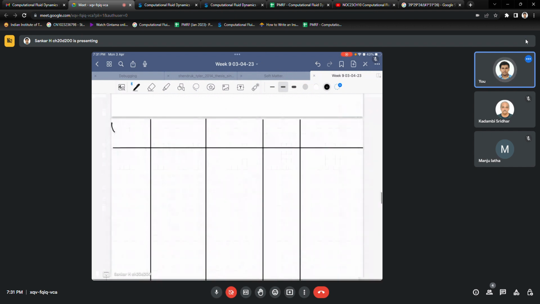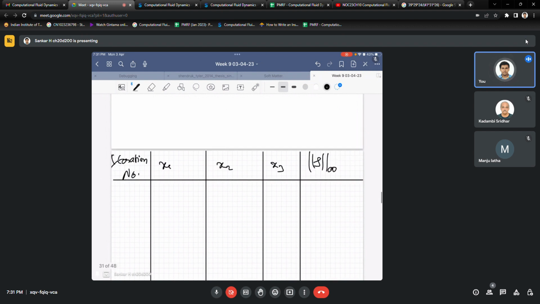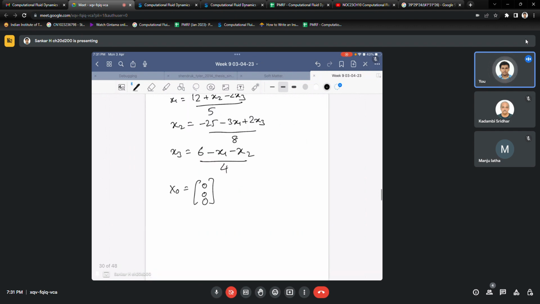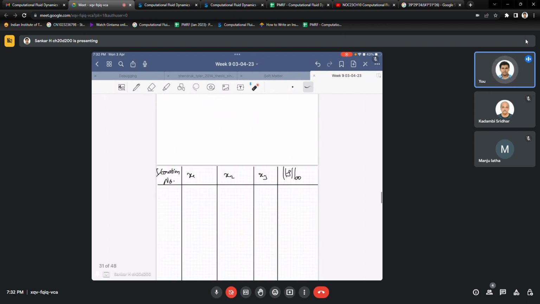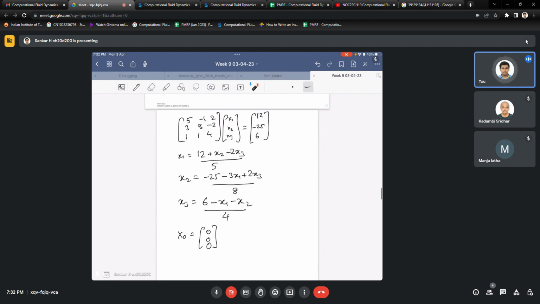Let me write this table over here: iteration number, x1, x2, x3. Let's take the infinite norm of the residual so that we have an idea of what the residual is. So we have an initial guess given by 0 0 0. We substitute in this equation for x1, this equation for x2 and this equation for x3. We'll get a value for x1, x2, x3. We find out the norm over there.